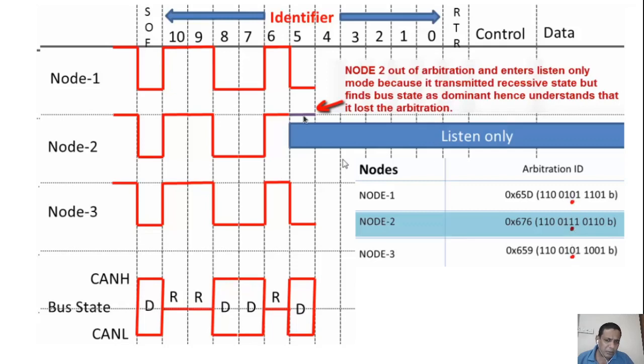So here node 2 loses its priority. Node 2 will send 1, but node 1 and node 3 are sending zeros, so the bus is dominant. From now onwards node 2 is listen only. Node 2 loses its control over the bus from now onwards.